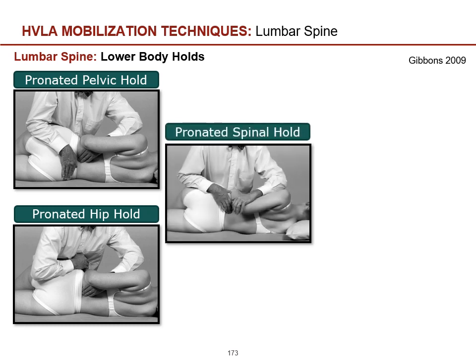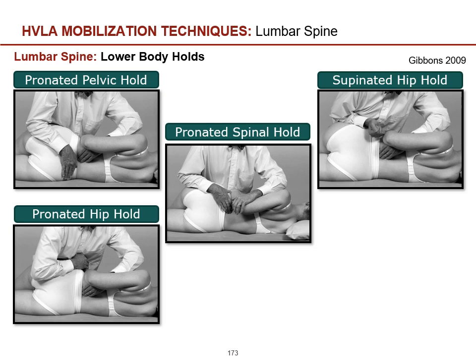Pronator spinal hold. So the contact of the right hand of the operator is at the spinal level. Supinated hip hold. Once again, trying to reduce the amount of bony contact of the operator's forearm against the patient.